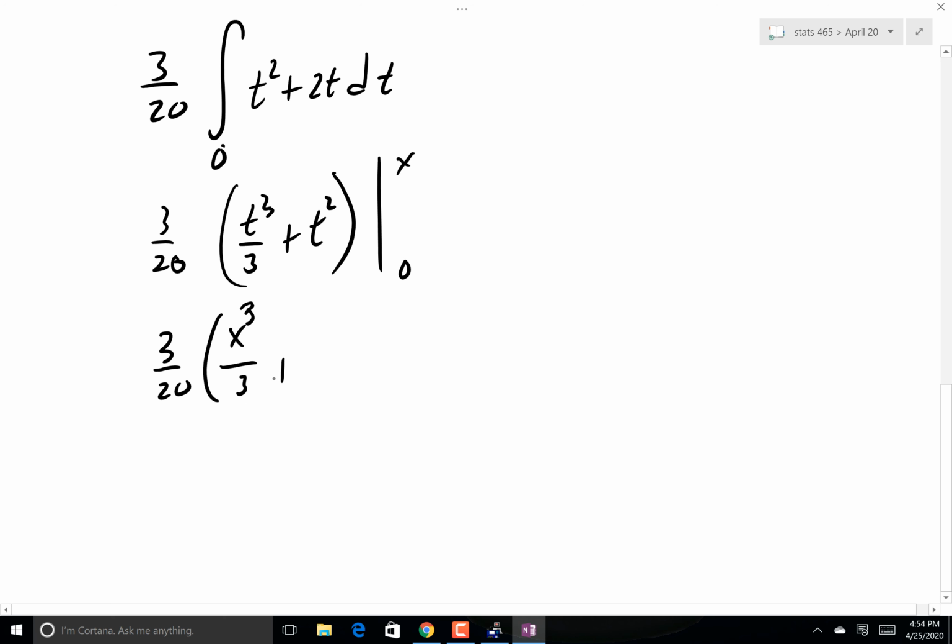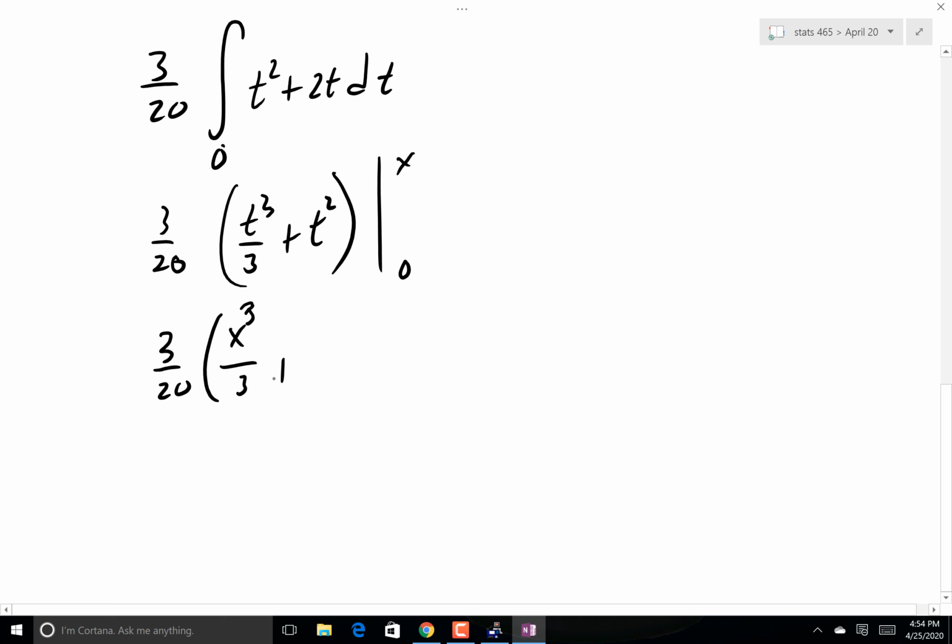So this equals your CDF. If you ever wanted to know the probability that x is less than or equal to 1/2, you simply plug it in. There's your answer, and it comes out the same.